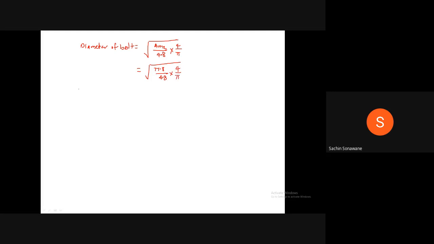Therefore, the diameter of the bolt we are getting is 1.435 centimeter.